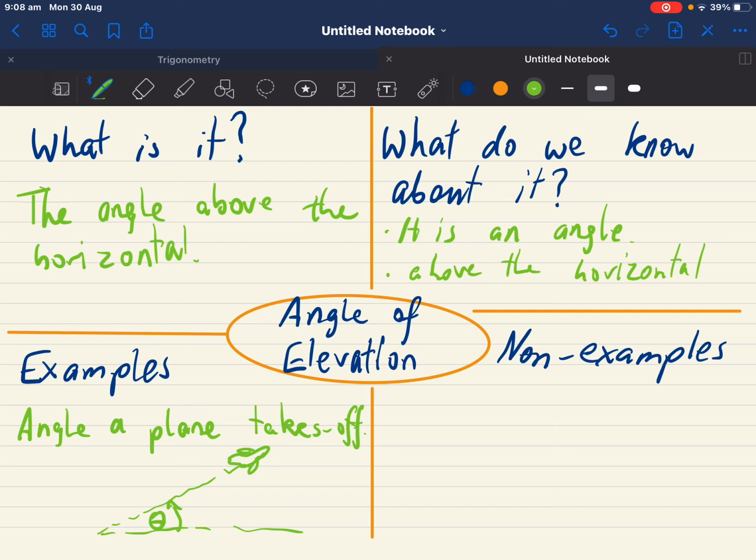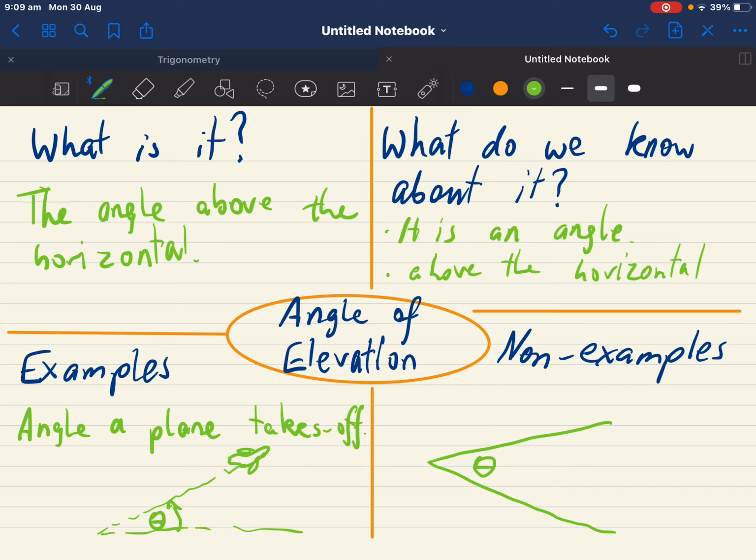All right, a non-example. Let's say, hypothetically, we have, here, that angle right there. It's an angle between two sides, just like our example was, right?